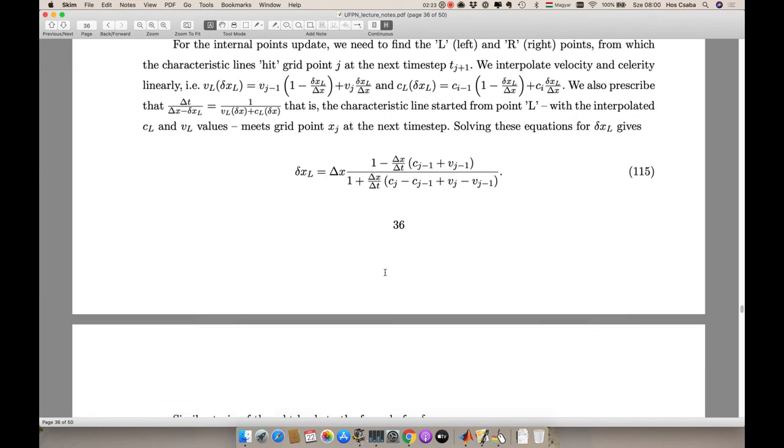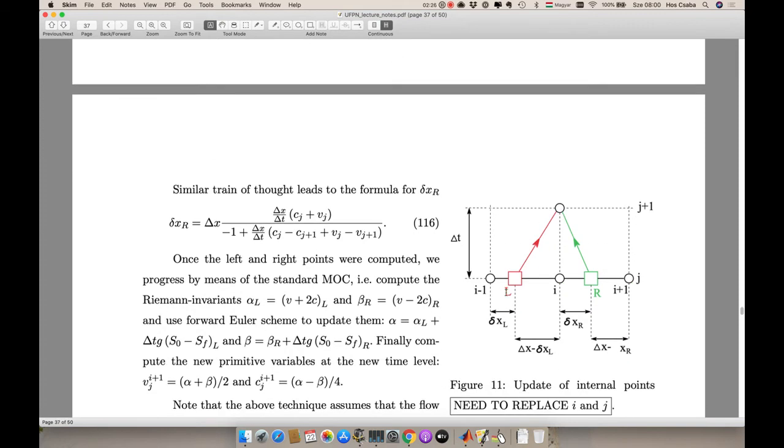And then we agreed that what we need is an interpolation. So at each time step, we'll have to find that left point and that right point that have the following property. If I interpolate velocity and wave celerity from the neighboring data points, so that's this point and this point, if I interpolate them here and evaluate the slope, then the slope will exactly hit the desired new point here.